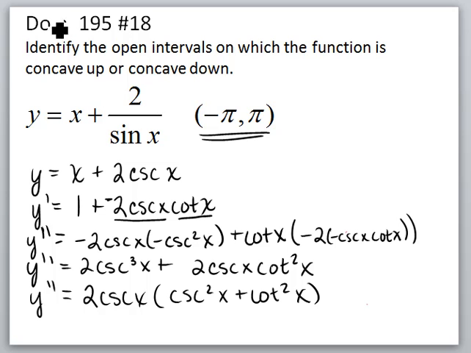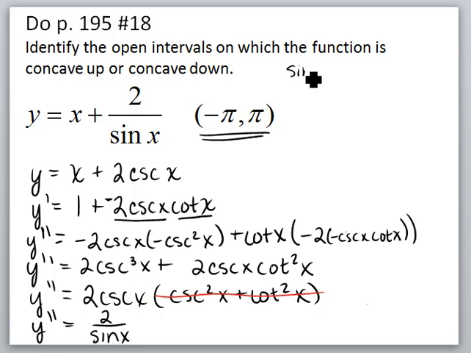This actually equals 1. This is one of the reasons I picked this problem, because it's a little bit more difficult. That equals 1. And then I'm going to go ahead and write my second derivative as 2 over sine x. Now remember, our goal was to find the possible points of concavity. So I want to look at where it is 0, which this second derivative will never equal 0, or where it does not exist.